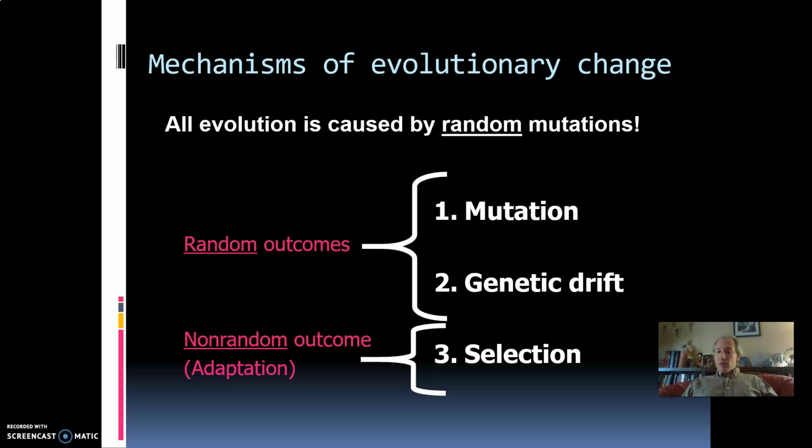The insight that Darwin had, and really since Darwin, no one's come up with a competing hypothesis, is that of all the mechanisms of evolutionary change biologists have invented and figured out and know that are happening in the world, only Darwin's idea is able to make a world where the outcome is predictable and not random, and the population adapts and becomes well suited. Because organisms in general are well suited to their environment, that's why we think selection has been the most important of all the evolutionary mechanisms in the history of life. That's why Darwin is so important.